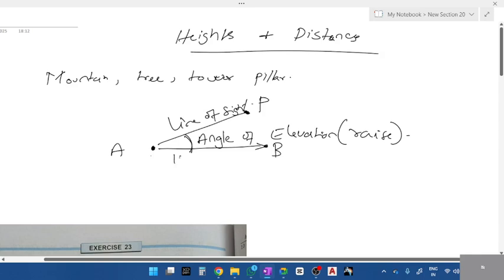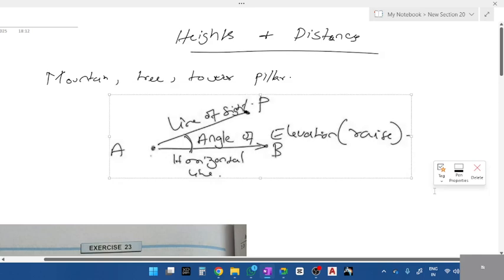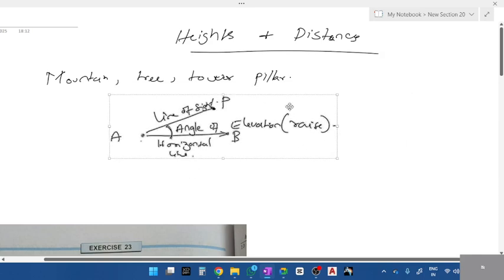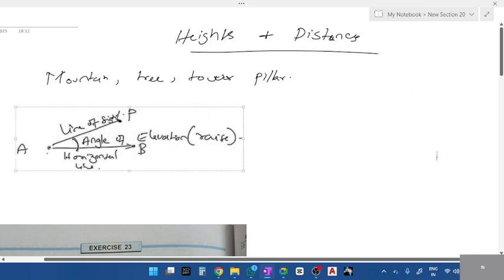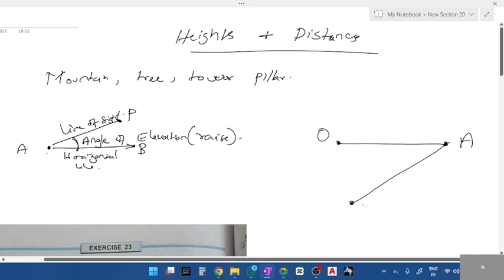Angle of elevation, horizontal line. So you'll have two things. They'll mention angle of elevation, angle of depression. Depression is down. You're at point A, from here A, O, C. This angle formed we call angle of depression.